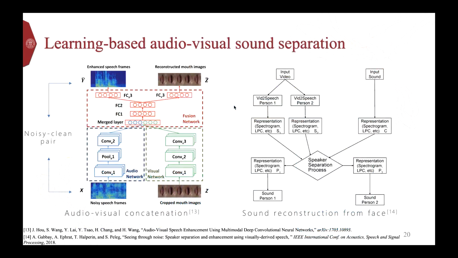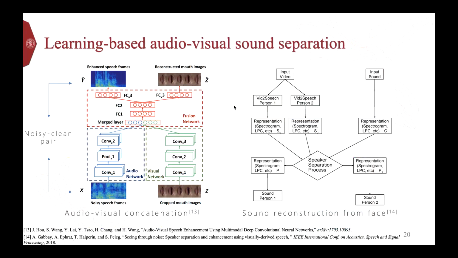And the first one is how to train the networks to predict the enhanced speech frames using manually mixed noisy speech frames, by fusing the audio and visual information in the middle layers, as shown in the figure on the left.